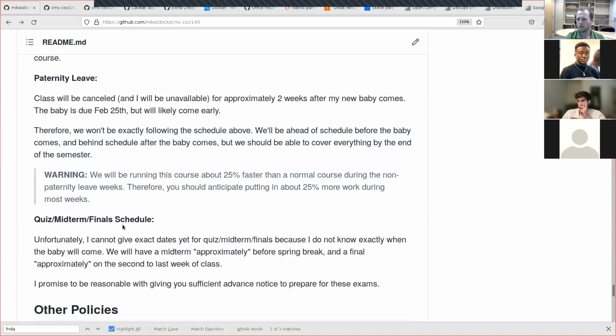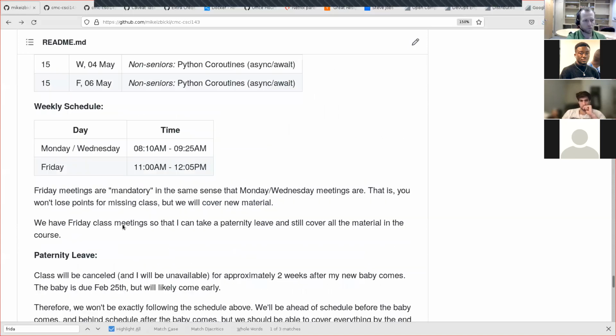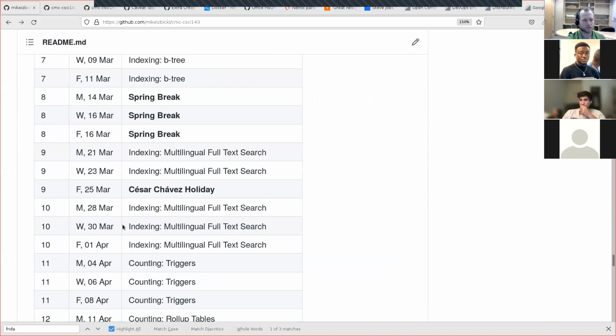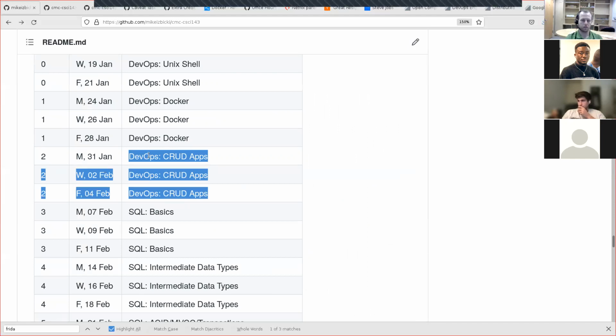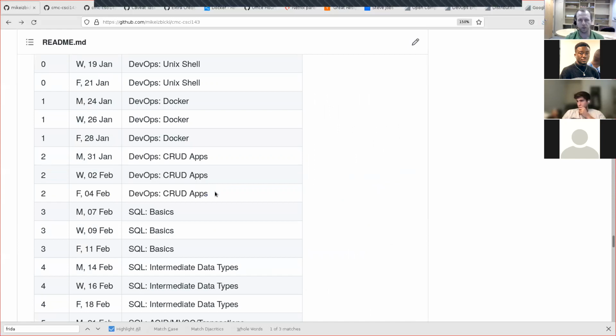So the question is, at what point in the semester will we be adding the web crawler API? When we talk about this DevOps stuff, especially this CRUD apps part, you're basically going to be building a small version of Instagram in this week right here that has a web front end, a database back end, and these Docker containers managing your entire system so that you can just basically type run on AWS or run on Microsoft Azure or run on Google Cloud and deploy your app instantly to any of these different locations.